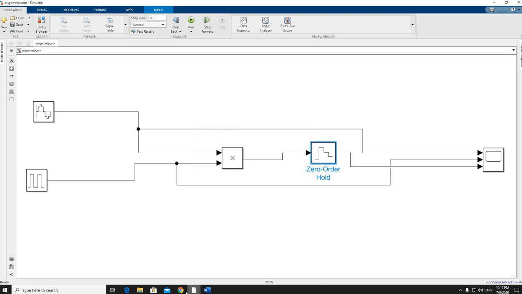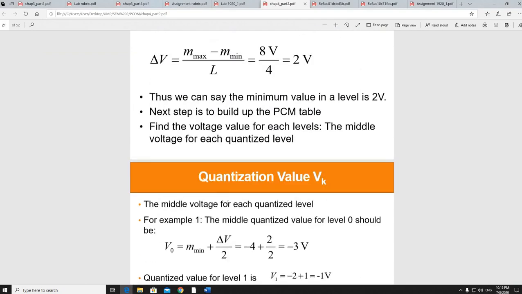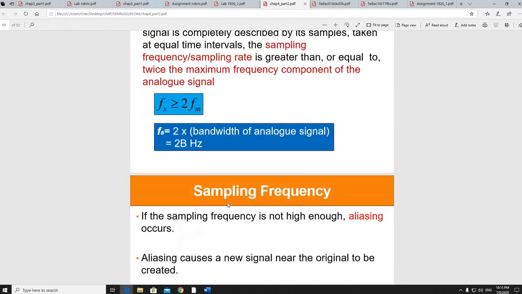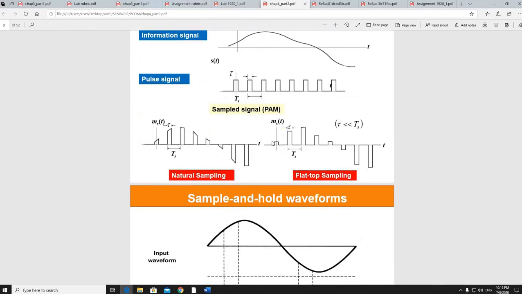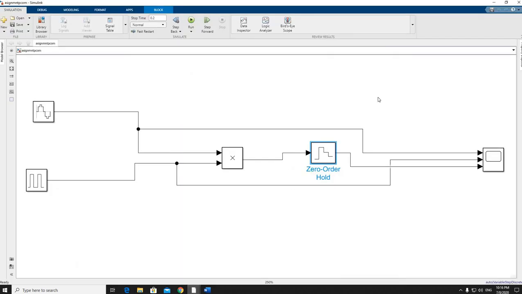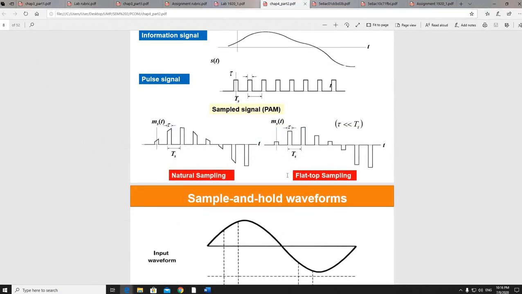I can show you. This is the flat top, where the top is flat. If you don't put in this zero order holder, you get natural sampling. So I put in the zero order holder to make the flat top.